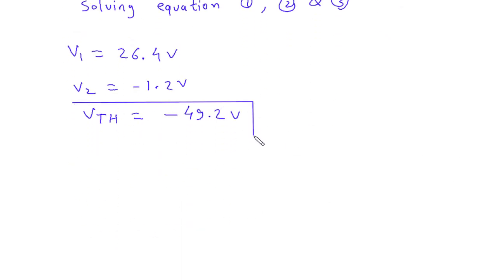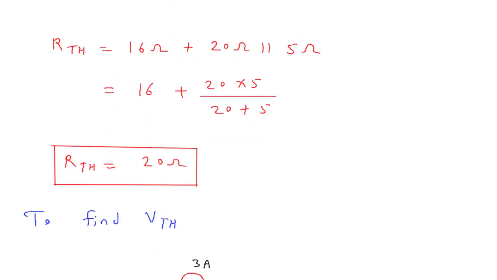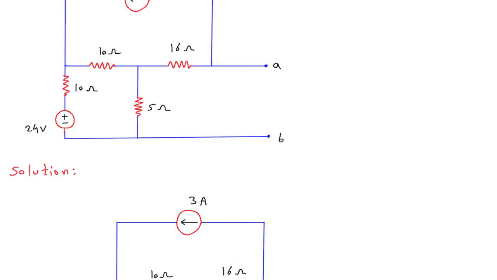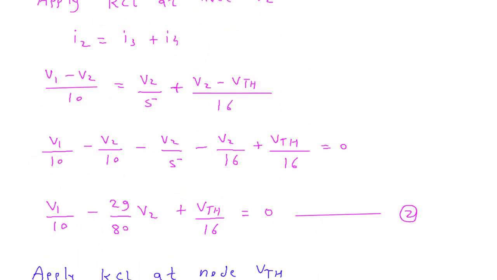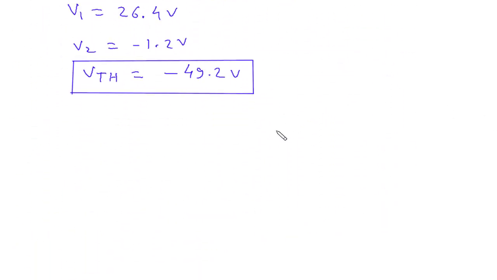Now we have the value of VTh and RTh. What we have to find is the Thevenin equivalent at terminals AB of the circuit. So its Thevenin equivalent circuit will be RTh in series with VTh. This will be plus, this will be minus.